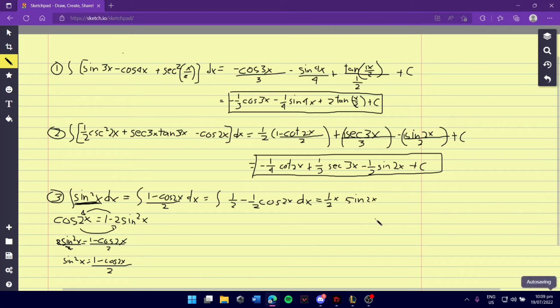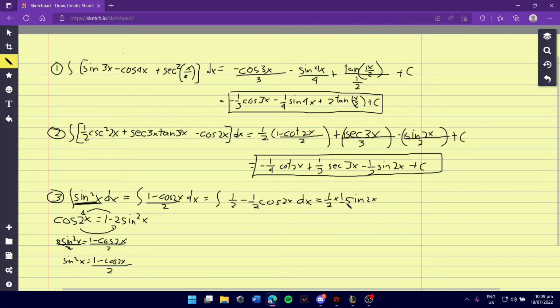Since it is divided by 2, we also divide by 2, so 1 half times 1 half is equal to 1/4.